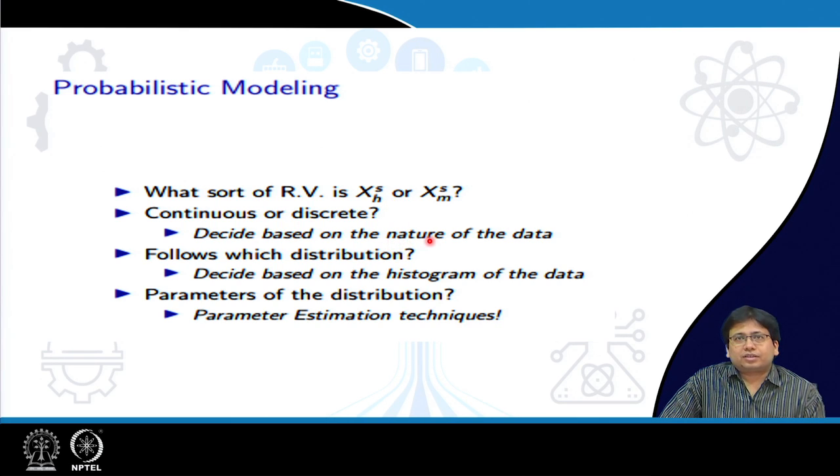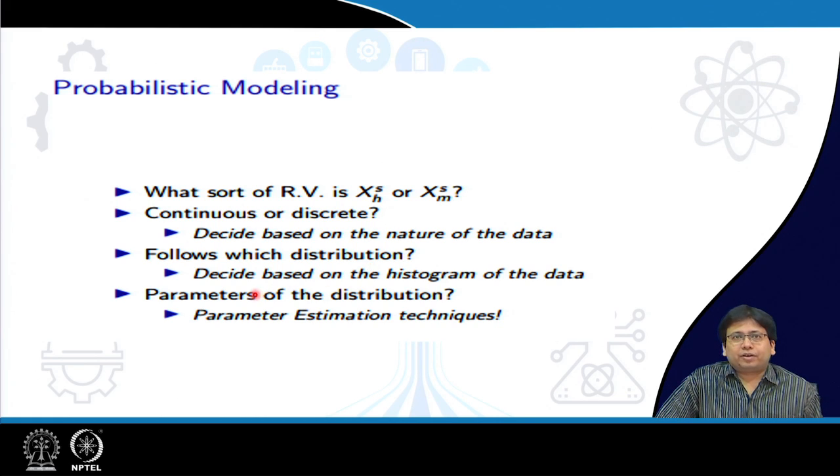Similarly, if the data is discrete, we should be using discrete distributions, like multinomial or categorical, Bernoulli, Poisson, things like that. These are some of the design choices which we must make, and we will understand how to make them based on the nature and various properties of the data.